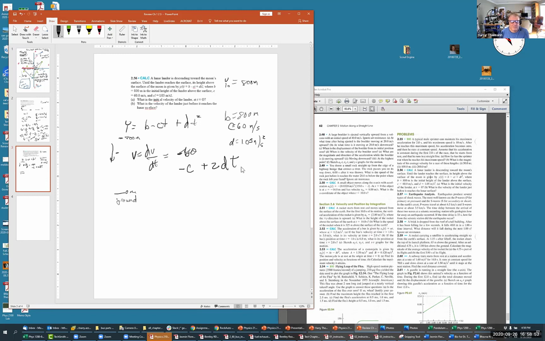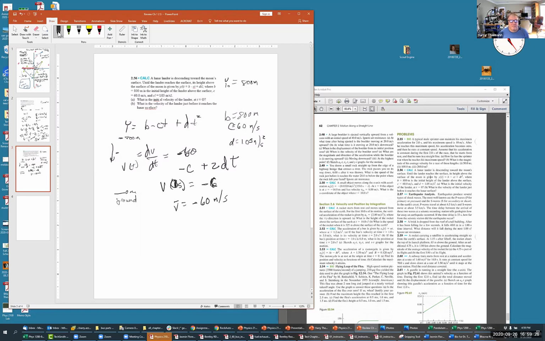So V of 0 seconds equals negative C. So that means that the initial velocity is equal to negative 60 meters per second. Okay, all right.